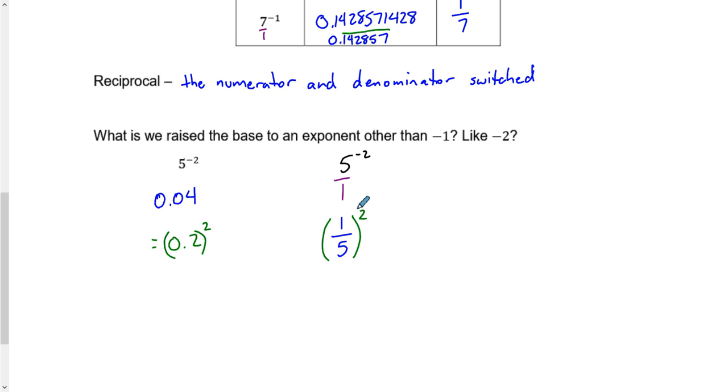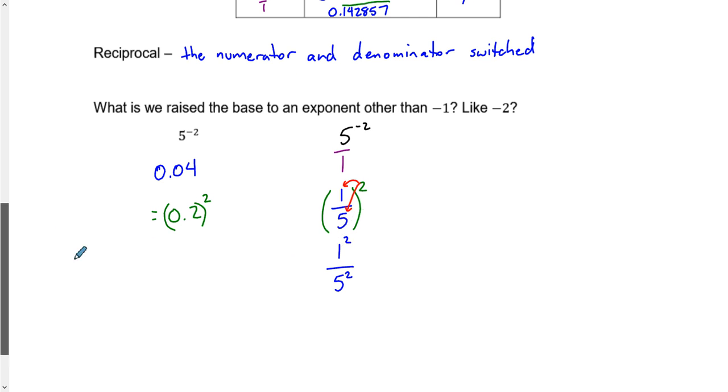And if we use our exponent laws, that exponent on the outside gets distributed onto each base on the inside when we're dividing. We'd have 1 squared over 5 squared. At the same time, realizing 1 squared is kind of redundant, it's 1 over 25.